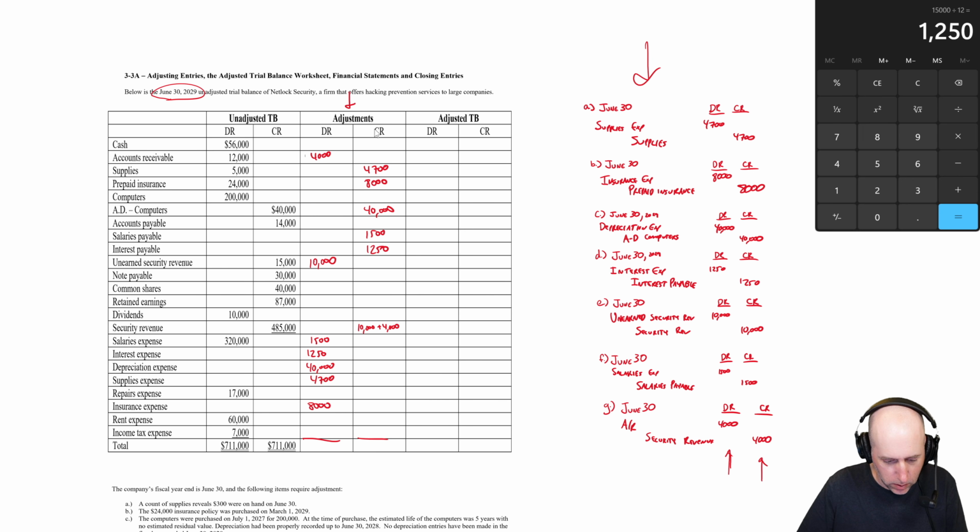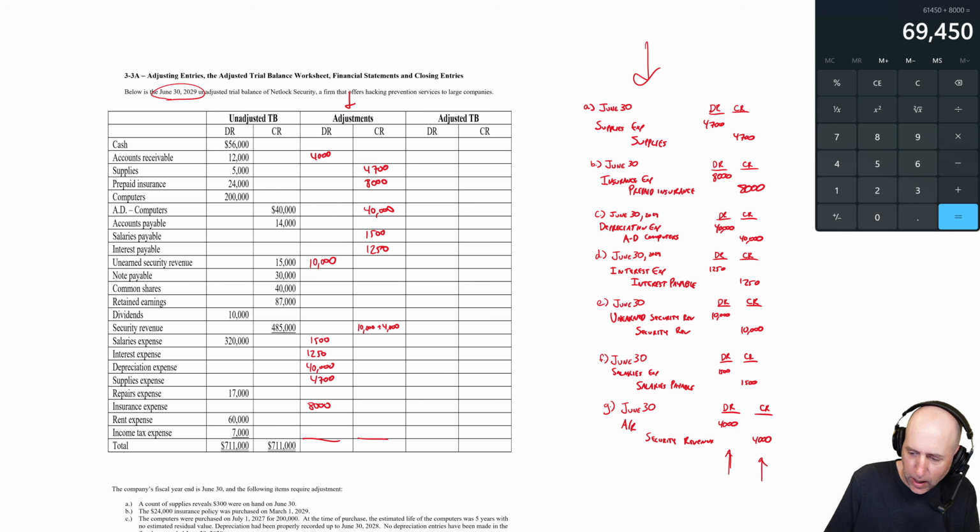Let's total these up though. I'm doing the debits: 4,000 plus 10,000 plus 1,500 plus 1,250 plus 40,000 plus 4,700 plus 8,000. 69,450, that is my total here.